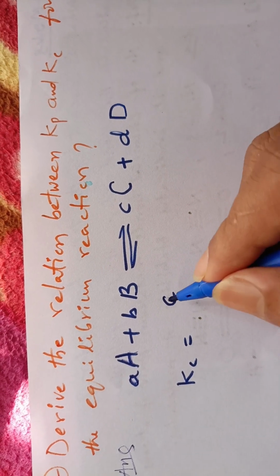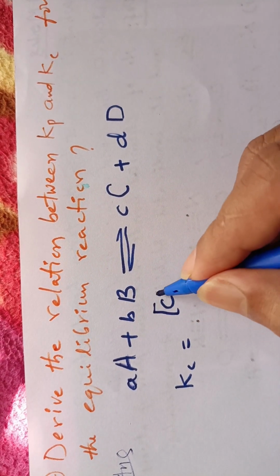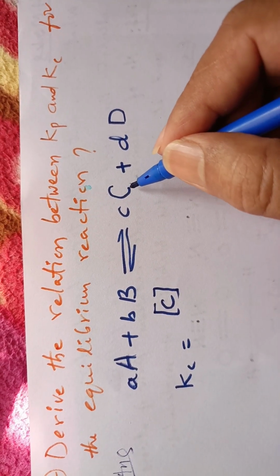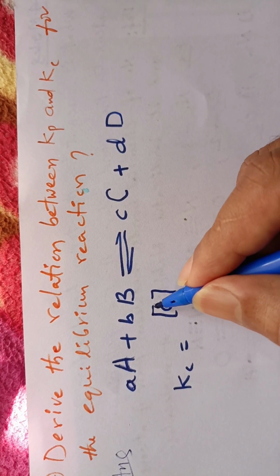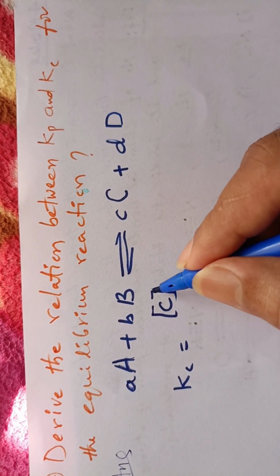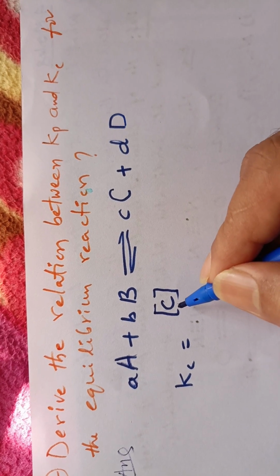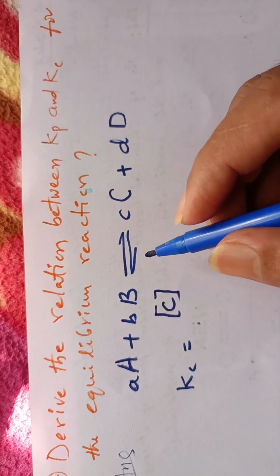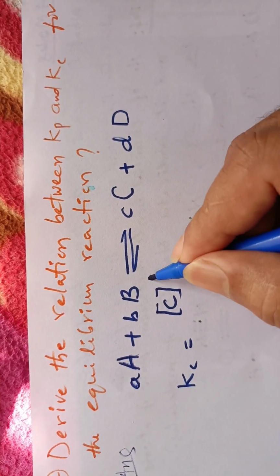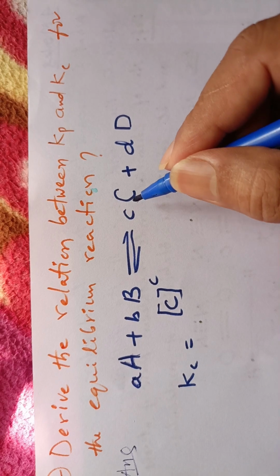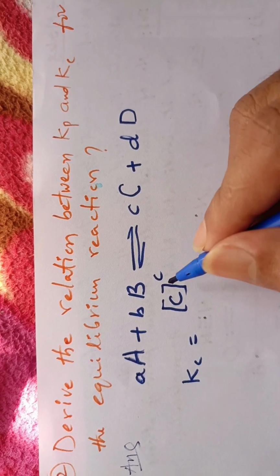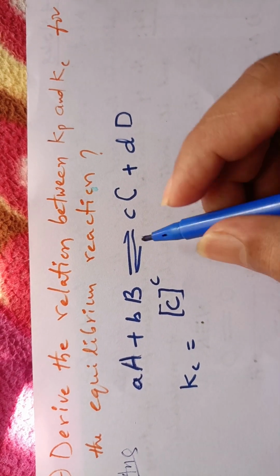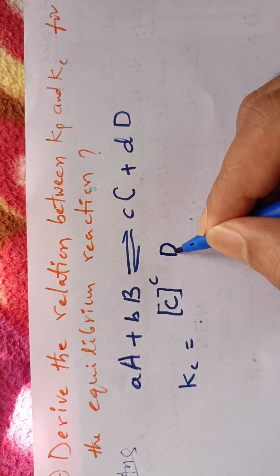C is the product. If you enclose it in square brackets, it is the concentration of C. Whatever coefficient is there, we have to write it as the power of that concentration, and multiplied by D, which is the other product name.